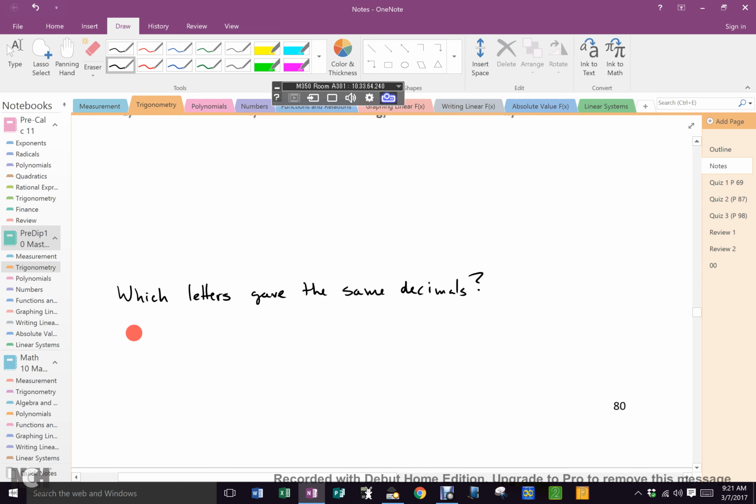Second question. Which letters gave opposite decimals? And the third question, why?